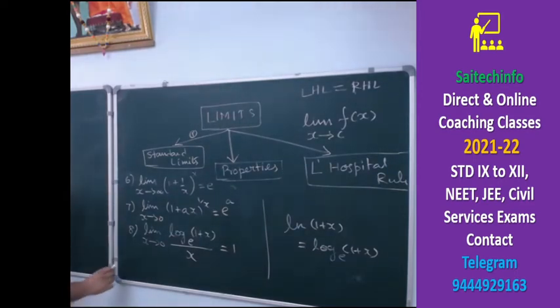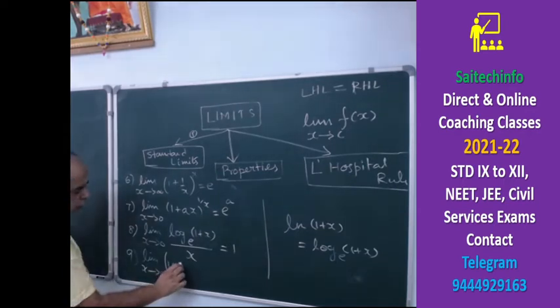Then 9. Limit x tends to infinity for which the function is 1 plus a by x whole power x is given by the value e power a.